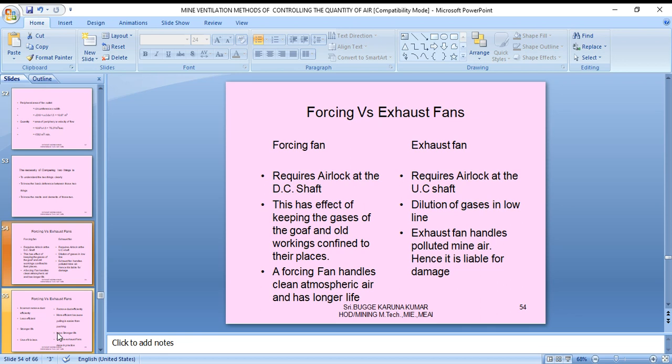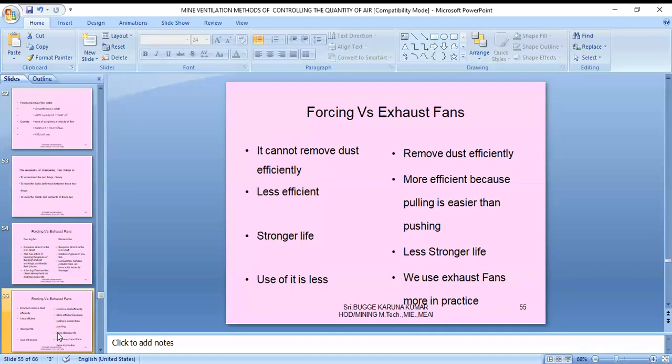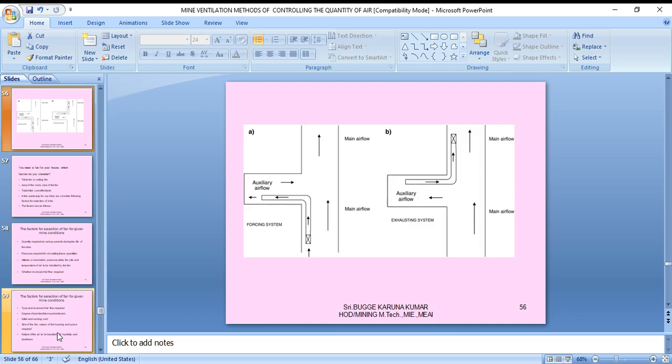An exhaust fan handles the polluted mine air, hence it is liable for damage. The forcing fan handles the clean atmospheric air and has a longer life. It cannot remove dust efficiently. An exhaust fan removes dust more efficiently, because pulling is easier and the fan has a longer life, whereas pushing gives a shorter life. We use exhaust fans more in our practice; the use of forcing fans is less. This is as per the auxiliary ventilation system.